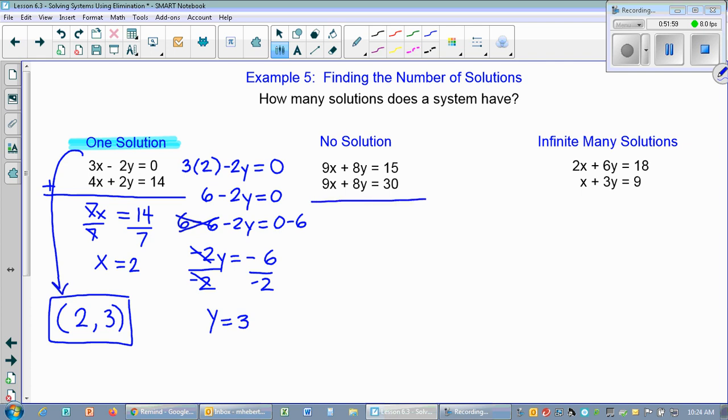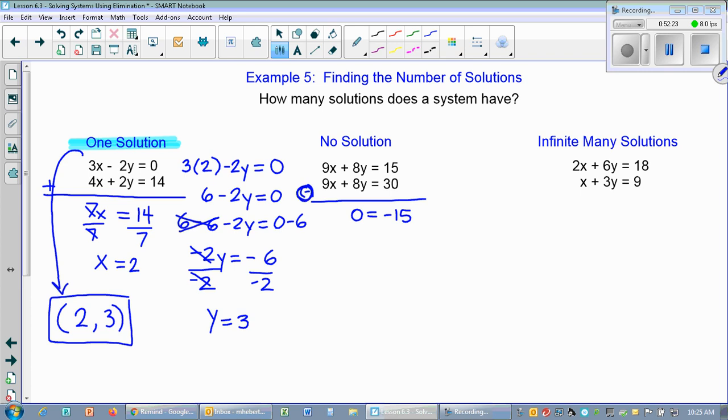We're going to subtract both of these equations. So 9x minus 9x leaves me with nothing. 8y minus 8y leaves me with nothing. So I have absolutely nothing left on the left side. It completely zeroed out. 15 minus 30 is equal to negative 15.